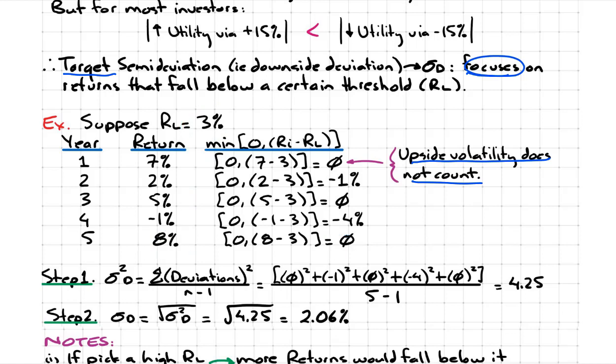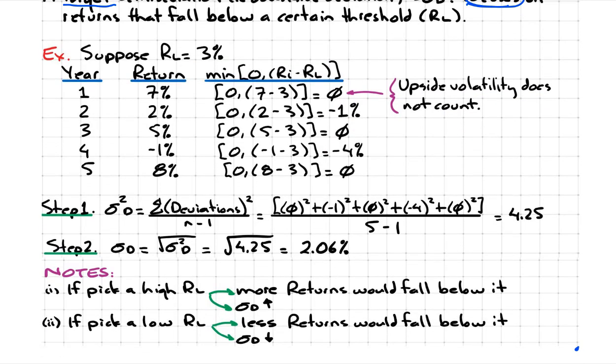So once we've done that filtering process, in other words, we're just looking at the downside deviations, the next steps would be as follows. So here it is. Step one. This is the framework for calculating target semi-deviation. The process is almost exactly identical to calculating just variance.